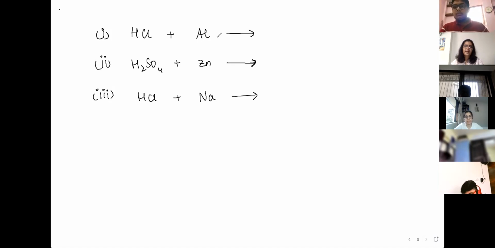Yes, aluminium and chlorine form a compound. So now what is the valency of aluminium? Ma'am, 2. No. Dhruv, what is the valency of aluminium? 3. +3. Aluminium is +3.